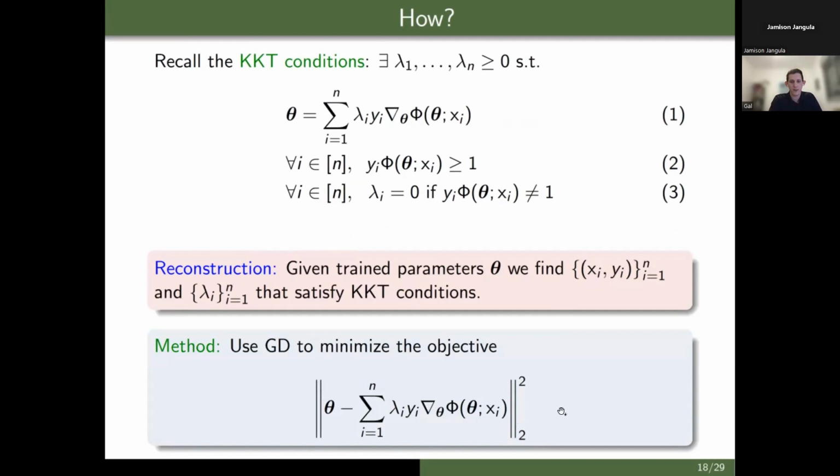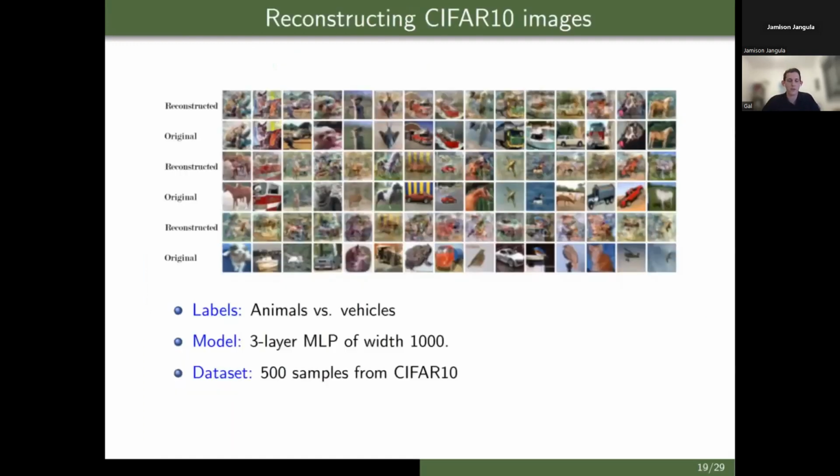And every solution which gives a value of 0 for this expression is exactly a solution for equation 1. So we use gradient descent in order to find a solution for this equation. And this solution is the data set which was used during the training.